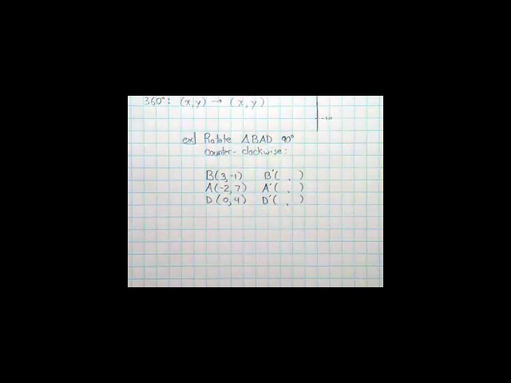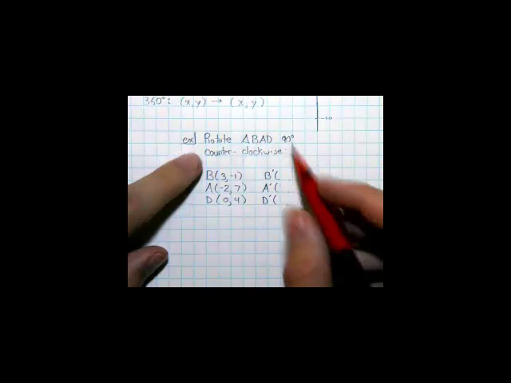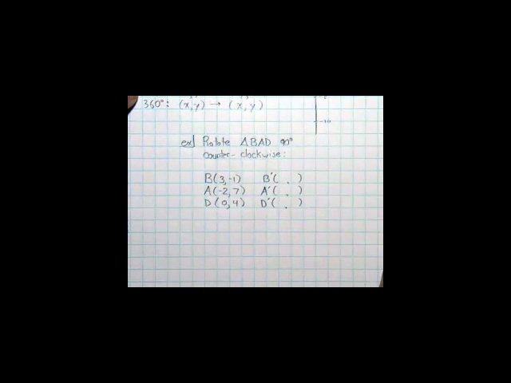Coordinates for B prime, Nolan. Let's see, we're going 90 degrees counterclockwise, so that's the 270. So it would be 1, 3.